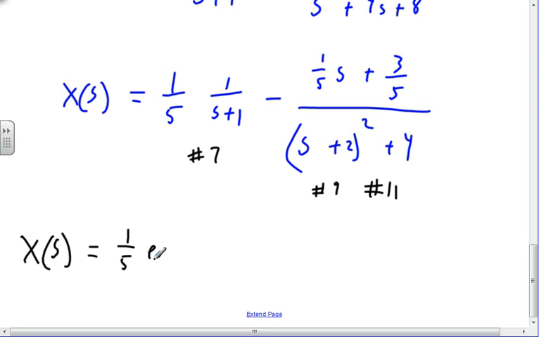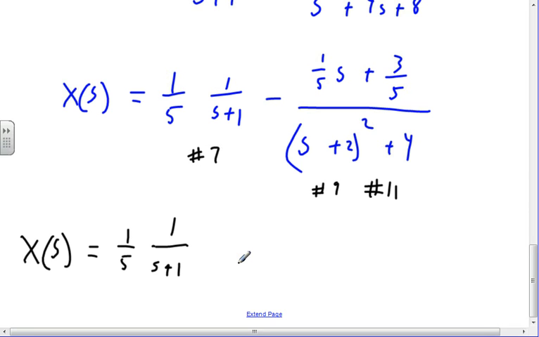1/5 1 over s. Nothing like bad penmanship. S plus 1. All right, now for number 11, I want s minus a, and a is going to be minus 2.